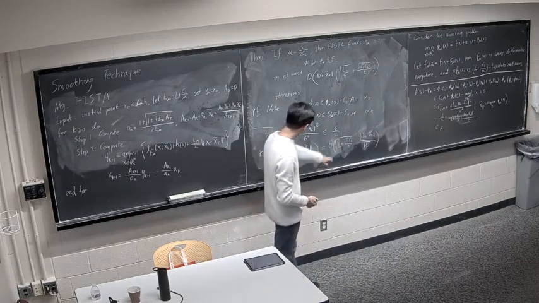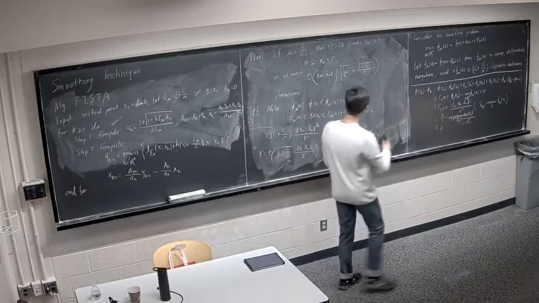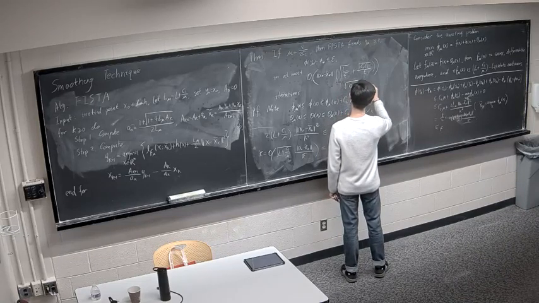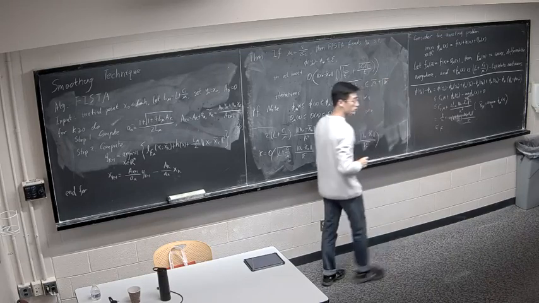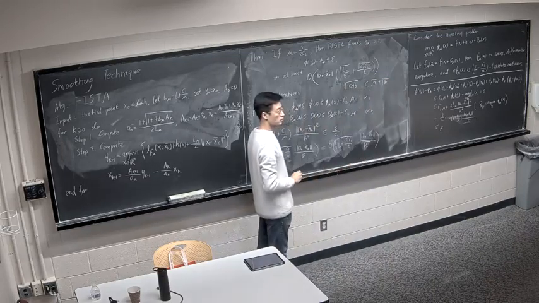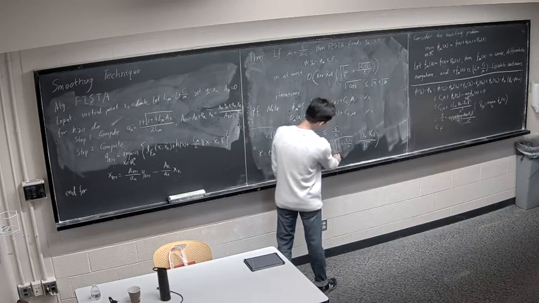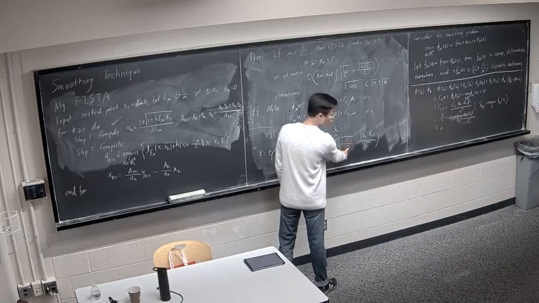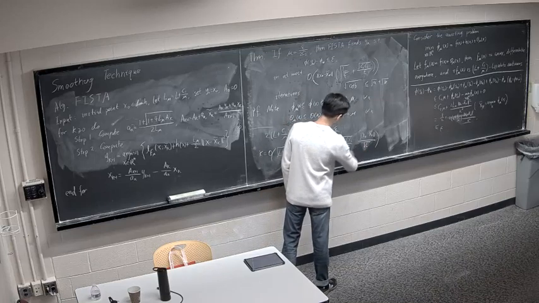And from here to here, we just apply a simple inequality. The square root of a plus b, where a and b are two positive scalars, is upper bounded by the square root of a plus the square root of b. Right, then we can separate the two terms. This is upper bounded by square root of L plus square root of C1 C2 over epsilon. Right, and then we put this epsilon inside.